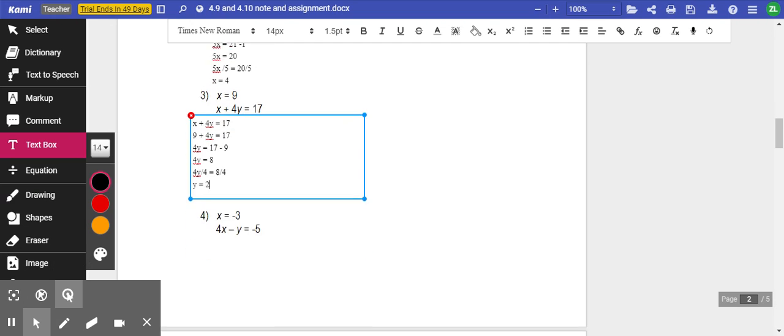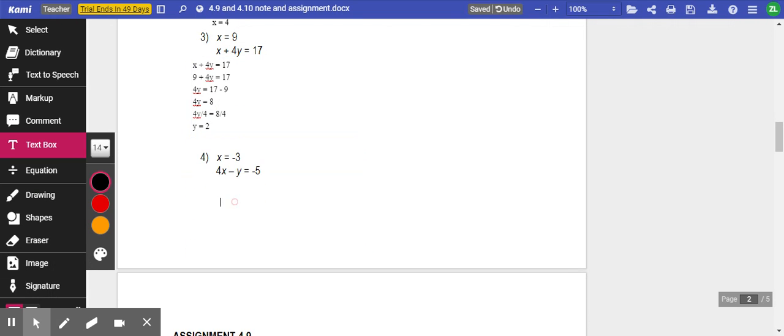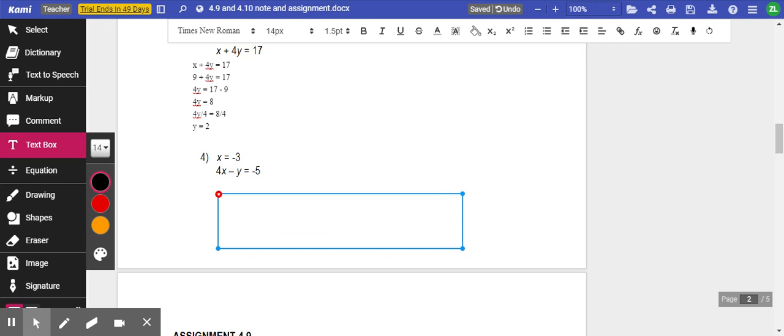Okay. And then finally, our last equation here, we have x equaling negative 3 in this case. If we write out our full thing here, we've got negative 4x minus y equals negative 5, sorry. We're going to sub in that negative 3 into the x spot. We've got y by itself. So 4 times negative 3 being negative 12, minus y equals negative 5.